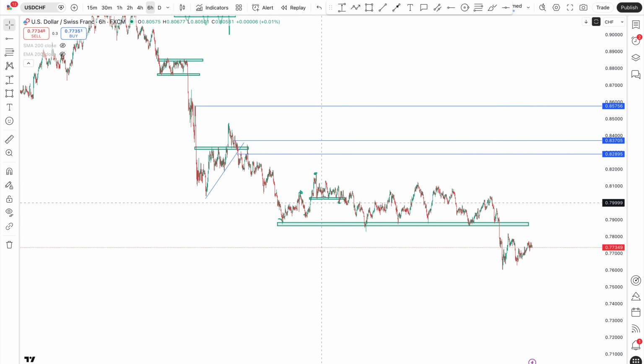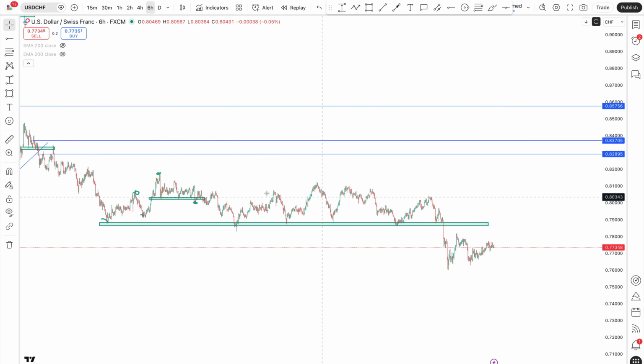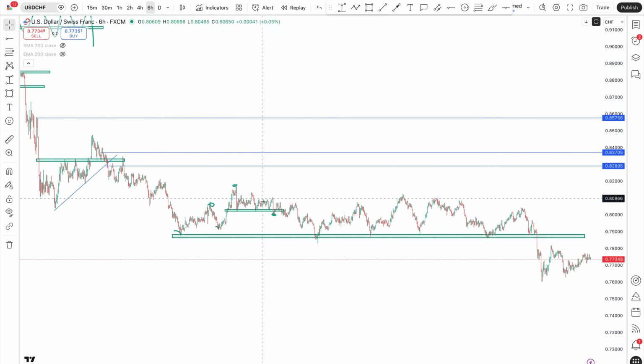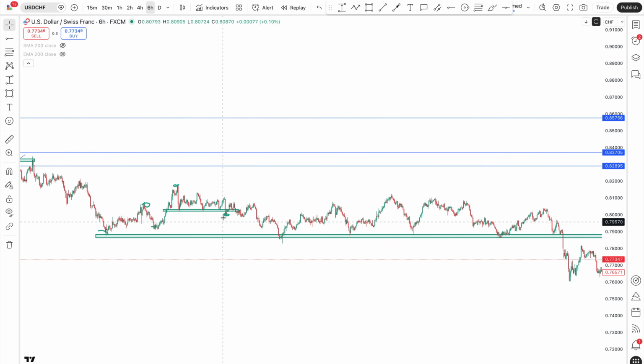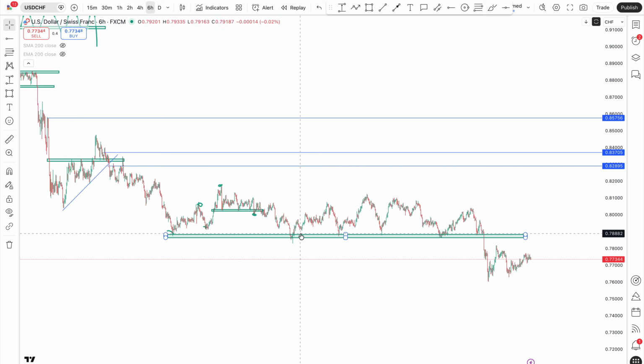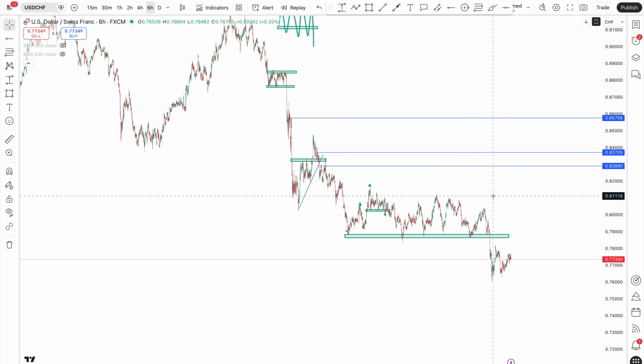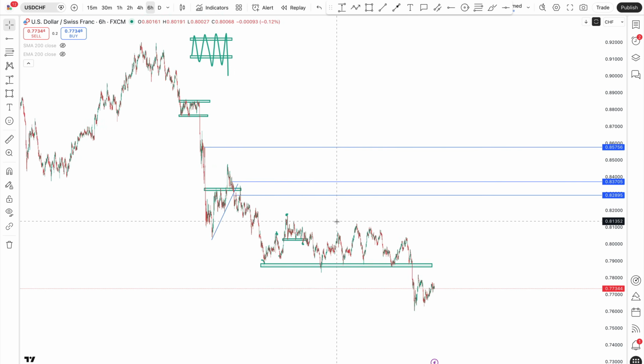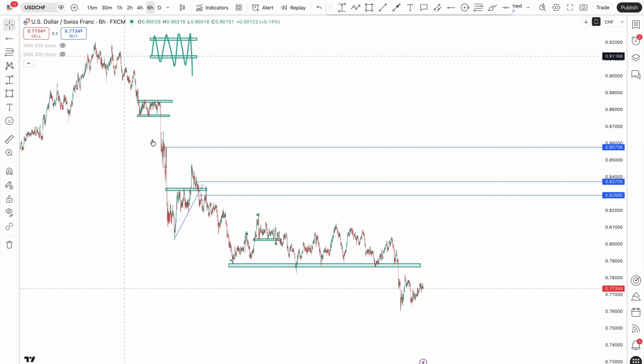So over here, without context, assuming this was just a range market, this wouldn't have been a smart position to go short, because now we have a much larger area of value over here. This is what you should pay attention to if you have context, which is a bearish trend in this case. If you have a bearish trend and bearish sentiment, then you want to go short.